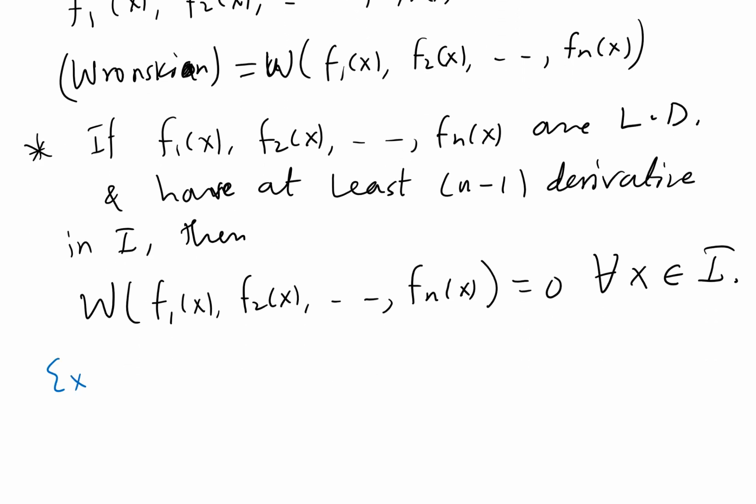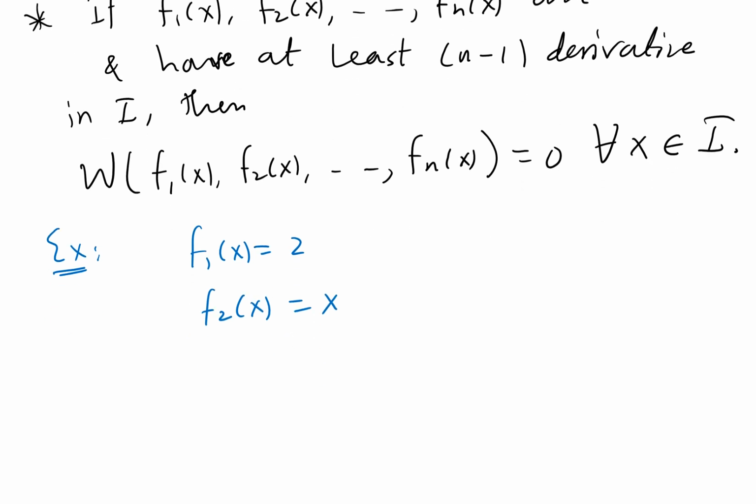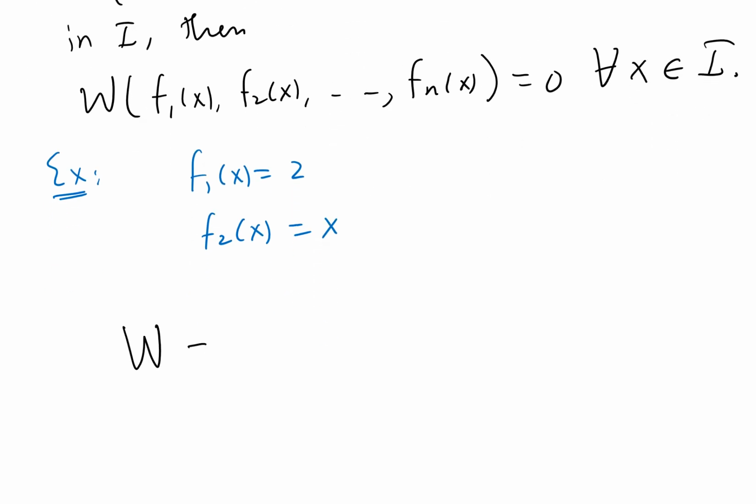As an example, let f1 of x be 2, f2 of x be x. We need to find the Wronskian, W of 2 comma x, because these are the two functions given. It is the determinant. The functions are 2 and x. Because there are two functions, we go one derivative, one less.